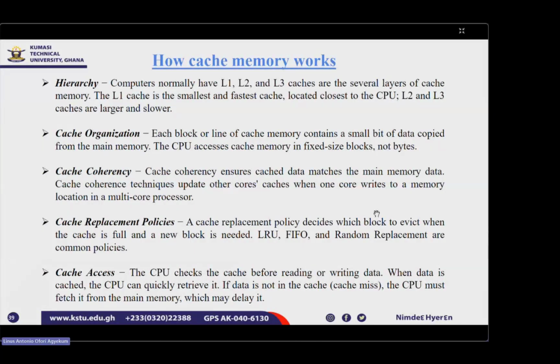So we have random replacement and first in, first out. Then we have cache access, where the CPU checks the cache before reading or writing data.